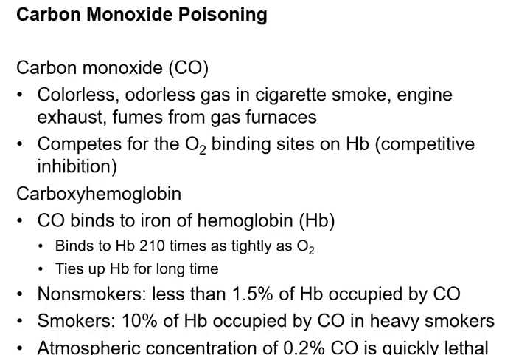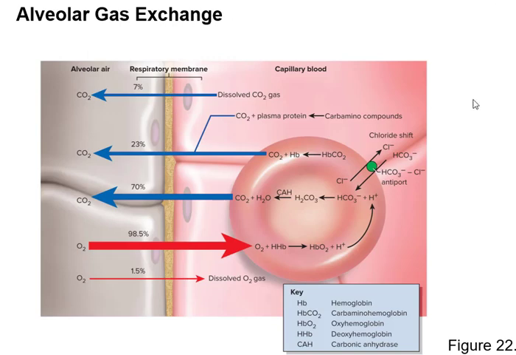If you get the atmosphere more than 0.2, now remember our atmosphere is 0.04. It's actually 0.038, I think, but they rounded off to 0.04. So if you got up to 0.2%, the CO is quickly lethal. So it doesn't take a whole lot of carbon monoxide to kill you.